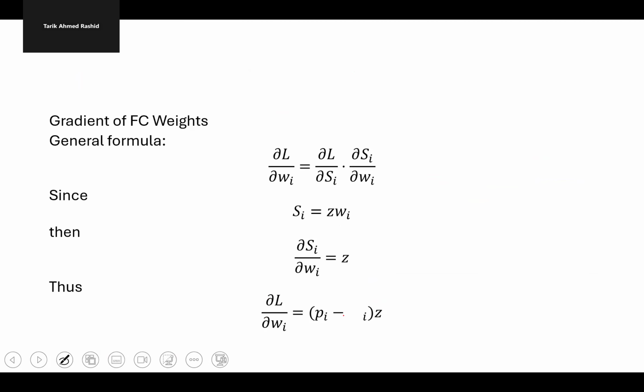Now here we have the chain rule: delta L over delta W equals delta L over delta soft, times delta soft over delta W. So we need to find this part and this one, and we multiply them.